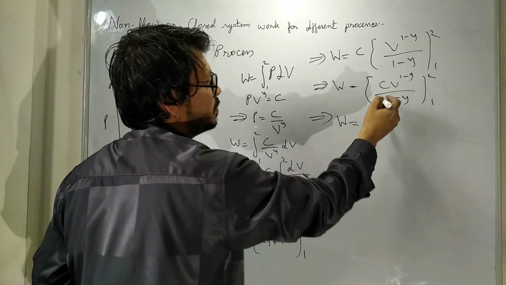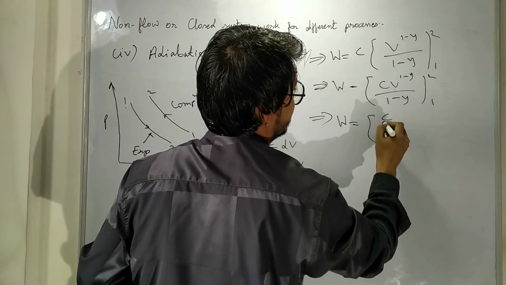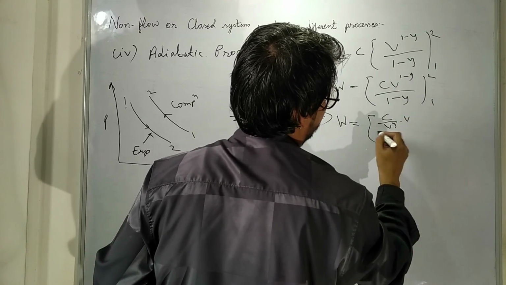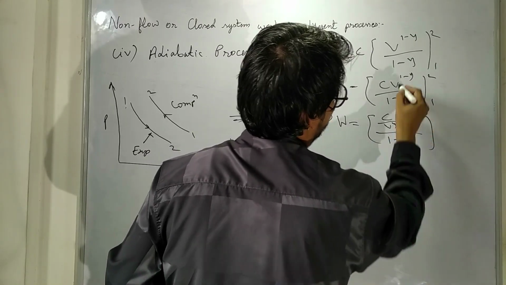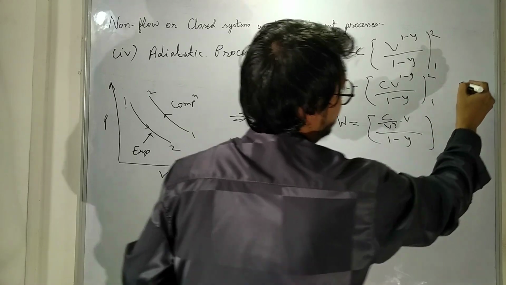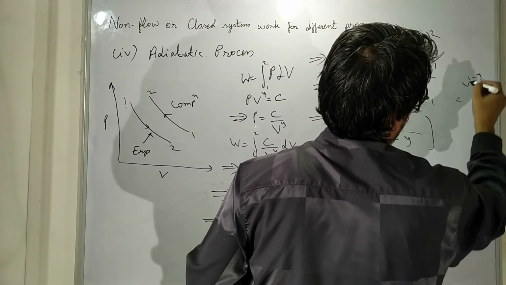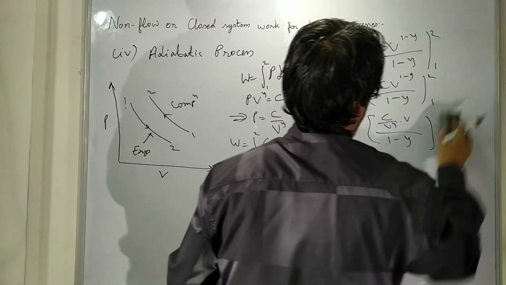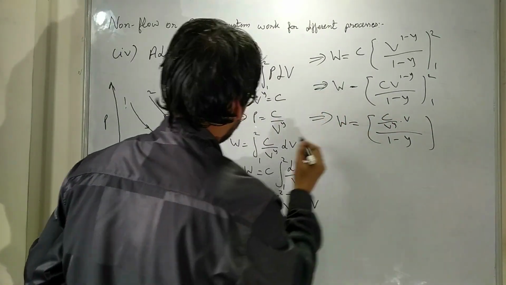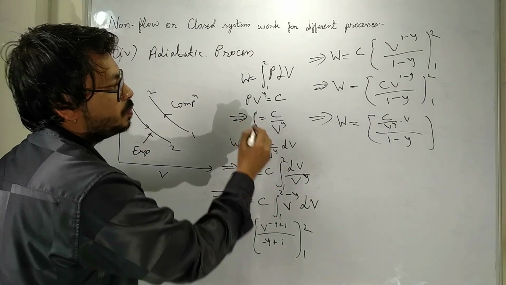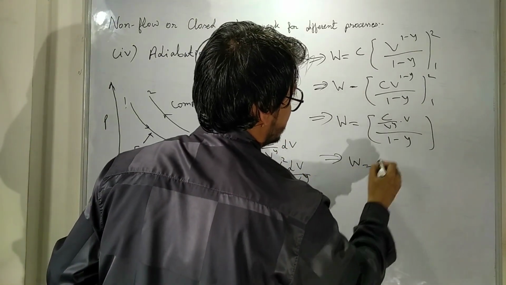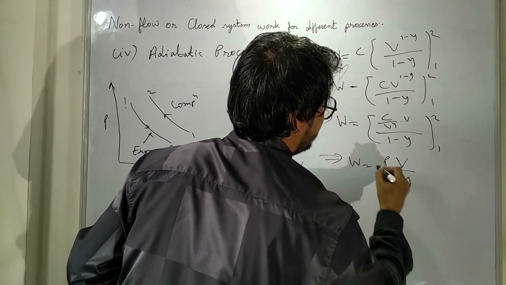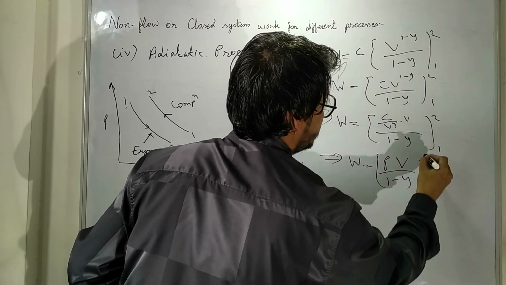W is equal to, this we can arrange like this, C by V to the power gamma into V by 1 minus gamma, because V to the power 1 minus gamma is equal to V by V to the power gamma. So we know that C by V to the gamma is equal to P. So we can put here PV by 1 minus gamma from 1 to 2.